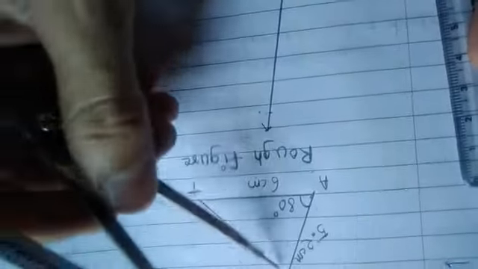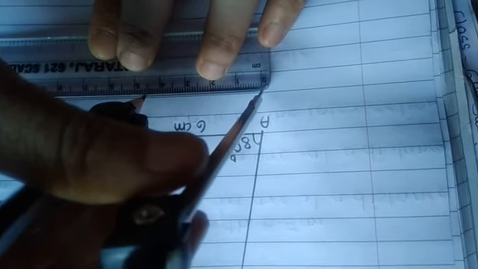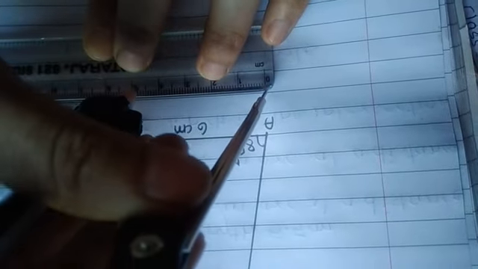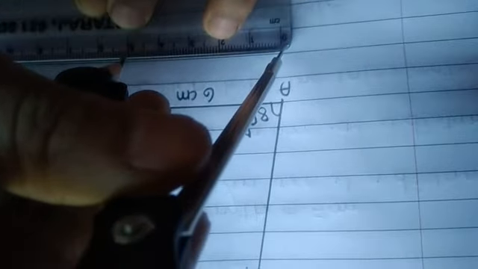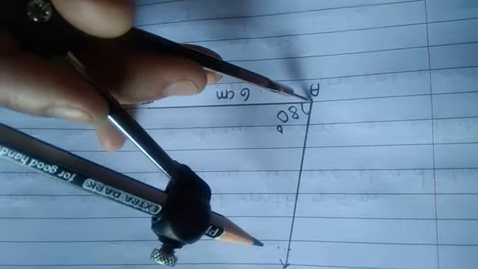Then we have to draw the other side, that is AM, 5.2 centimeter. So with the help of scale, take a distance of 5.2 centimeter. Keep the steel head on point A and draw an arc on that previous ray.